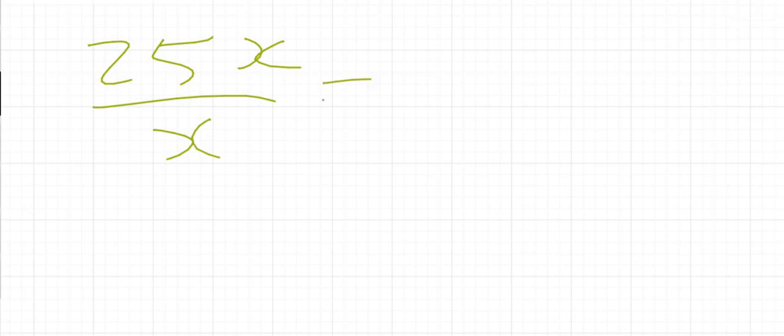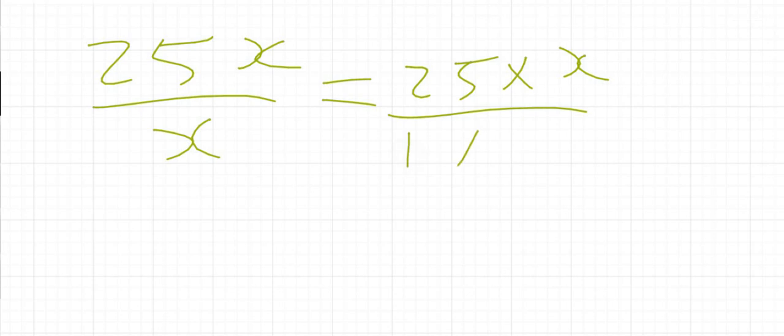So say we have 25x divided by x. Now we could actually expand the terms that are in the numerator and the denominator. We could say 25 times x divided by 1 times x, because 1 times x is actually x.